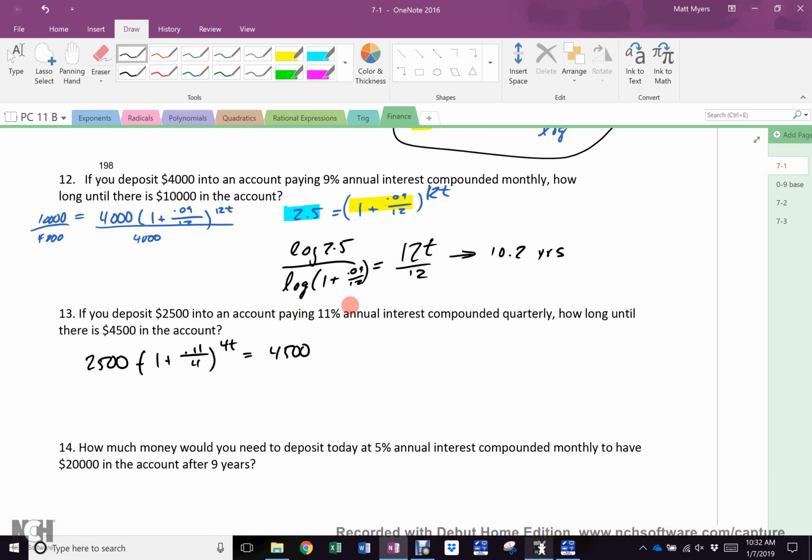So what would this one be? Divide both sides by 2,500, and you're going to get what you need to do. That's going to cancel. So then you're going to have log of 4,500 divided by 2,500 divided by log 1 plus 0.11 over 4.